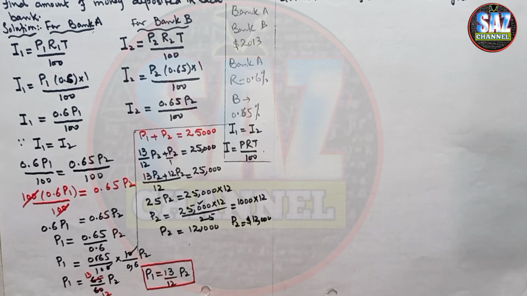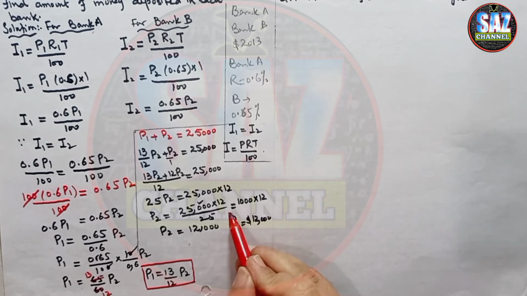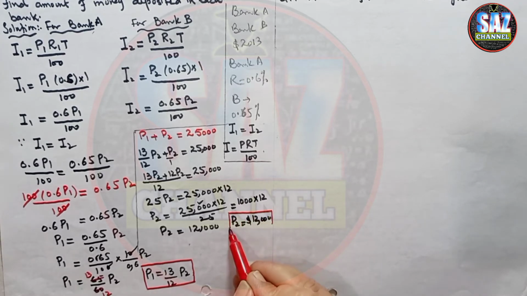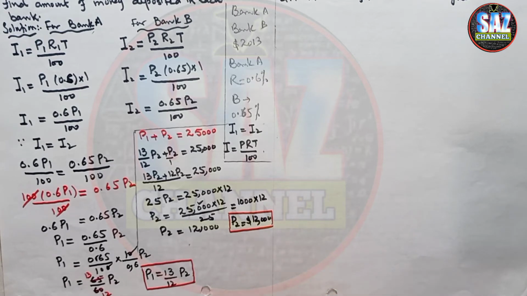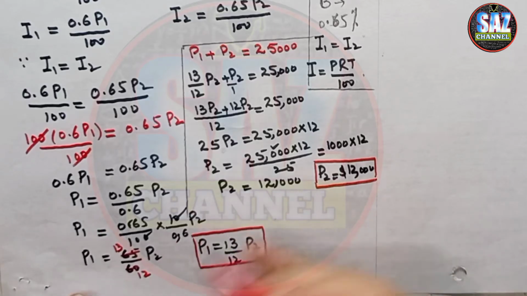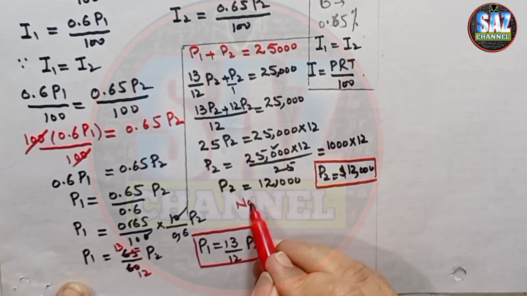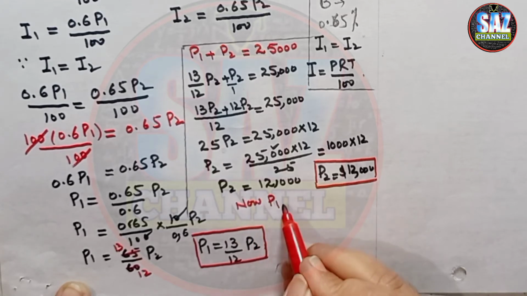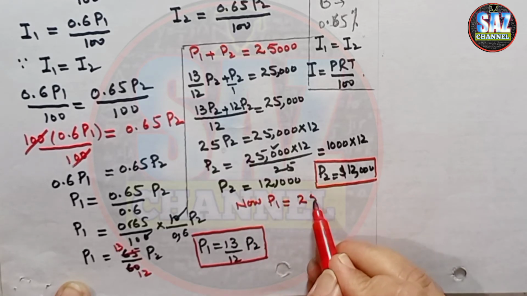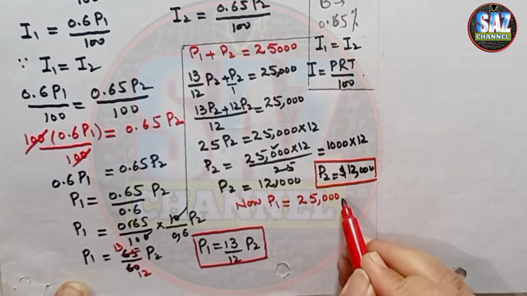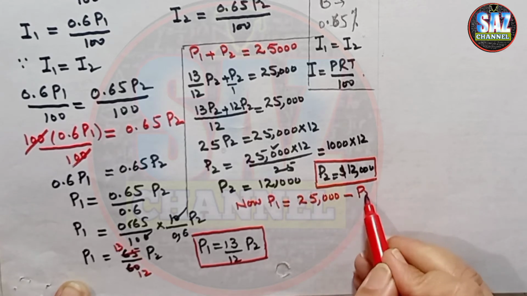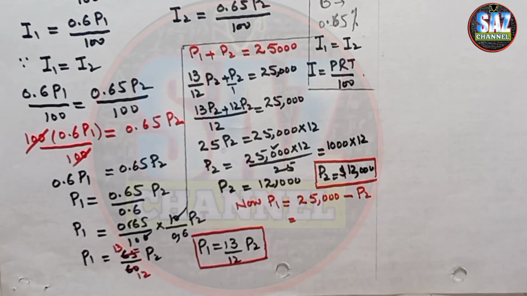Now in order to get the amount that he is keeping in the other bank, that is P1, P1 will be equal to 25,000 minus P2, and that is 25,000 minus 12,000.